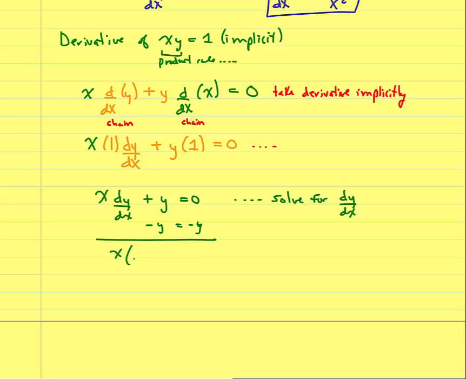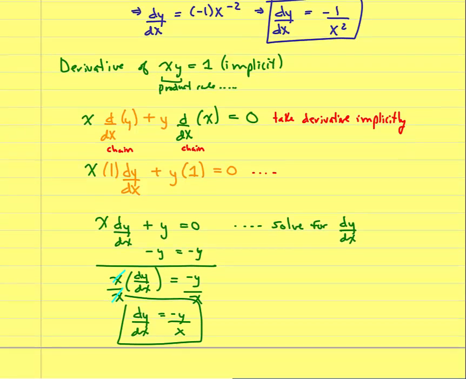And I have x dy dx equals negative y. Divide both sides through by x. Show that canceling here. And I get dy dx equals negative y over x, which matches what I had up here.